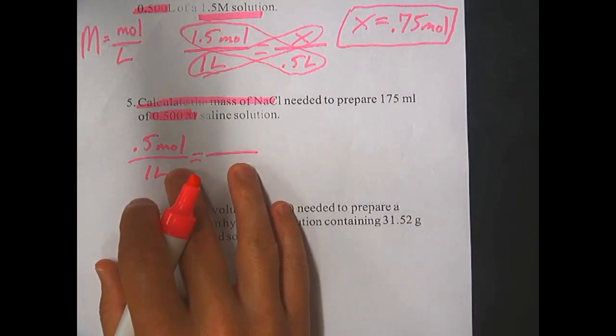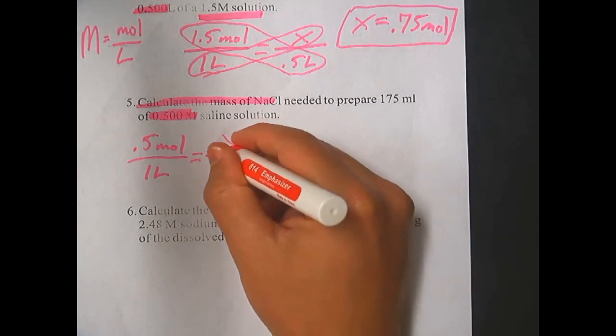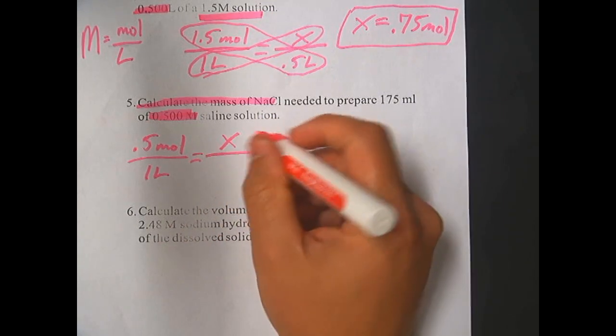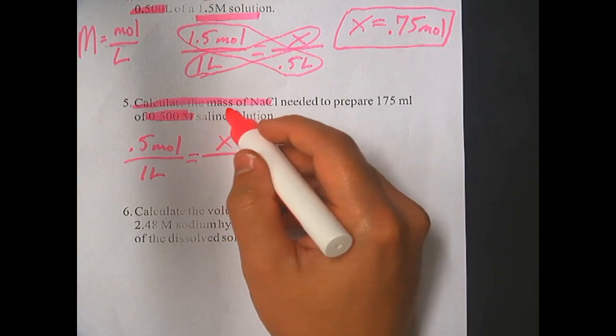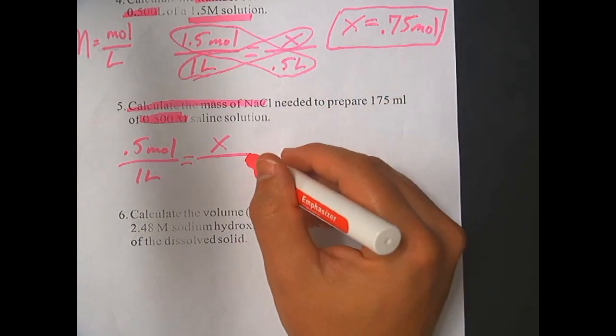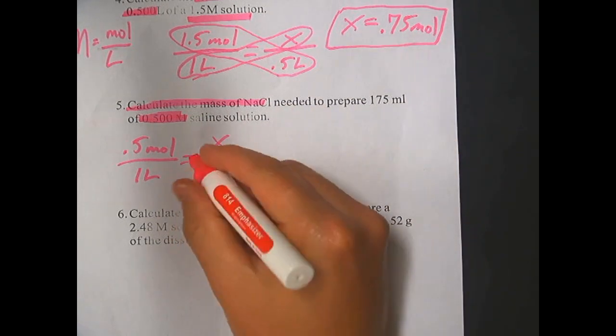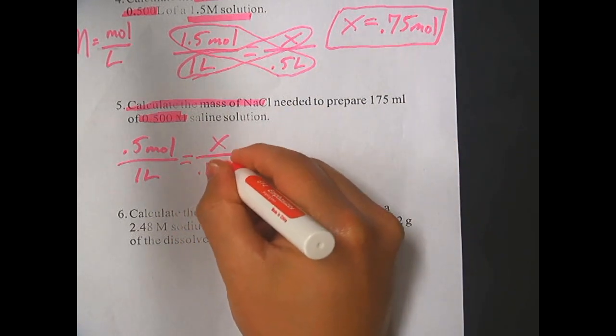And the answer is no. But I can solve for moles, and if I know the number of moles, I can figure out the number of grams. So I'm going to solve for moles again, but in this one, my volume isn't 1 liter. My volume is 175 milliliters, or 0.175 liters.